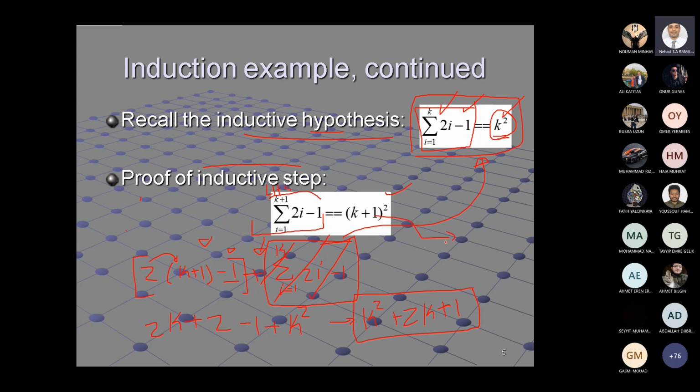Take the right hand side. The right hand side is k plus 1 to power 2. It's a perfect square. You know this equation? Perfect square, x plus 1 to power 2. You can calculate it.